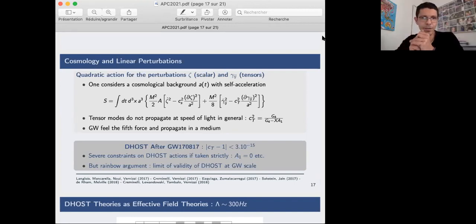Okay, thank you very much for the comment. I'm aware of many different modified theories of gravity that try to decrease the Hubble tension.